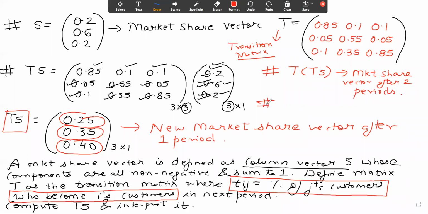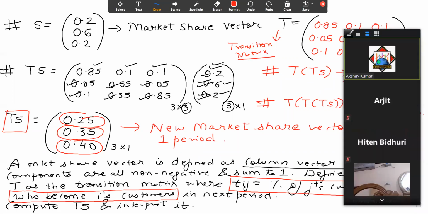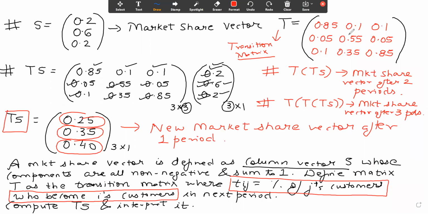Similarly, if I ask you what is T into T into T into S, this will be the market share vector after three periods. I hope students have understood this.